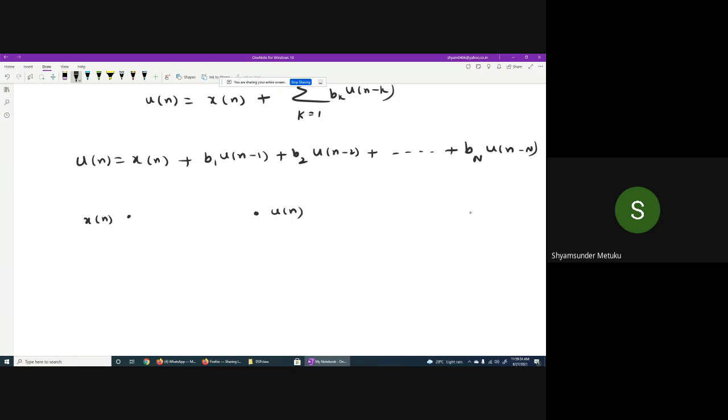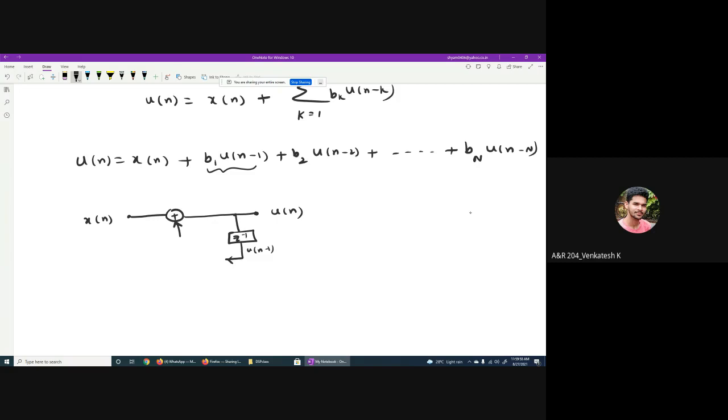So how can I do it now? I want x of n is there anyhow. It has to be added with a second input. What must be the second input? This one, u of n minus 1. So how can I get u of n minus 1? Here I need to tap, isn't it? Is not u of n minus 1 I'll get here?